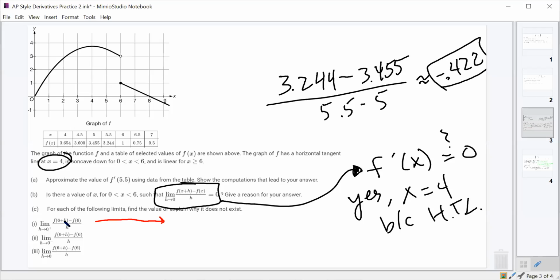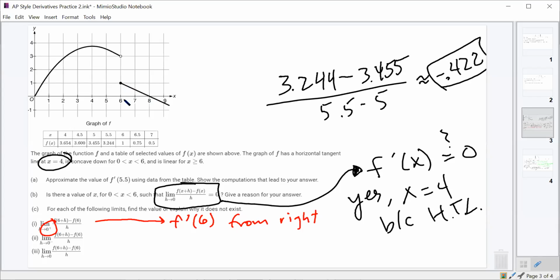And so this means the derivative of f at 6, it's got a plus sign on it, right? From the right hand side. So could I find the derivative of our function at 6 coming from the right hand side?